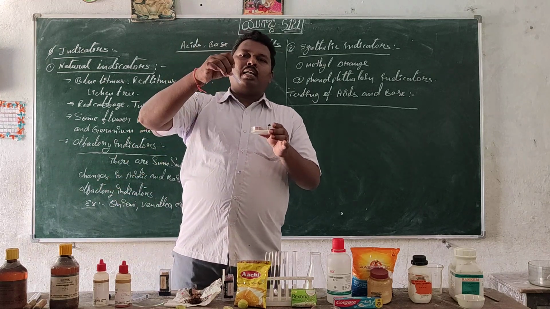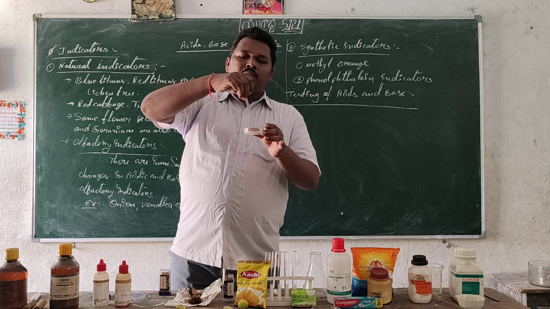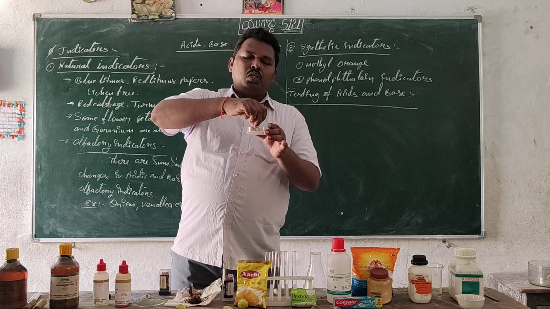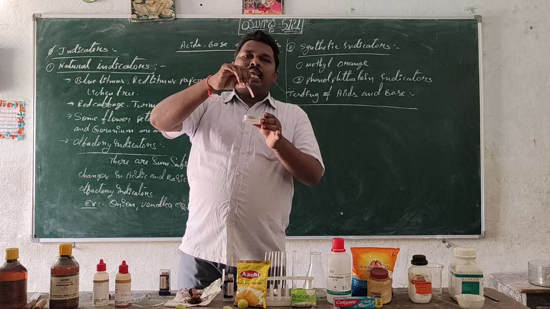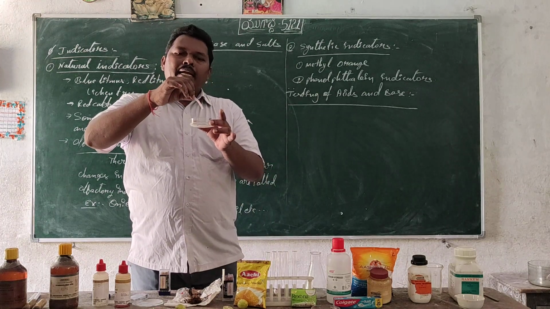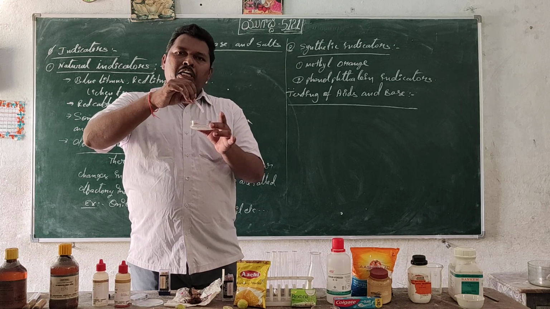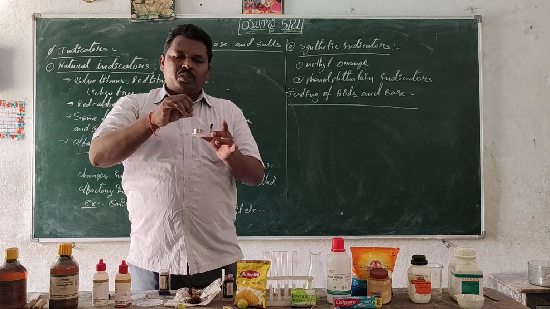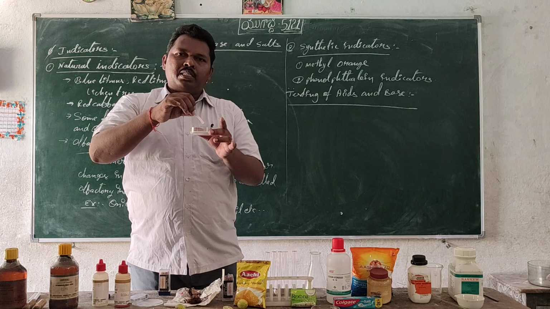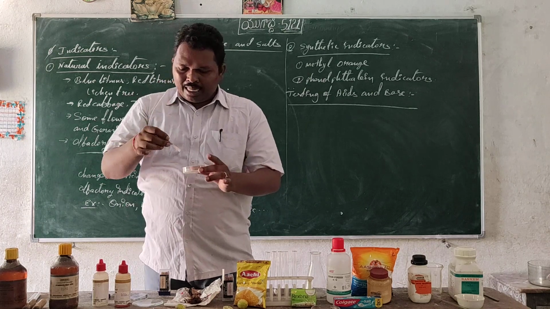We put the blue litmus paper into the lemon solution. So what do you observe? Any change in the blue litmus paper? It turns to red color. So that means with acids, blue litmus paper turns to red.